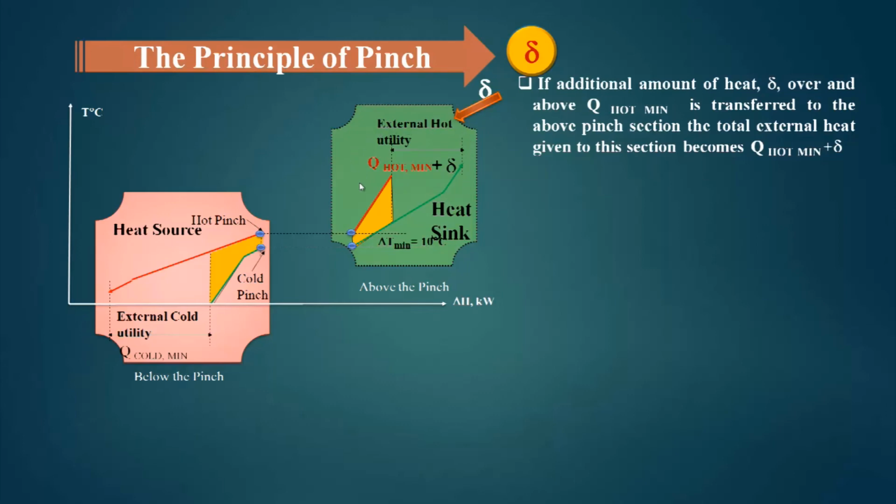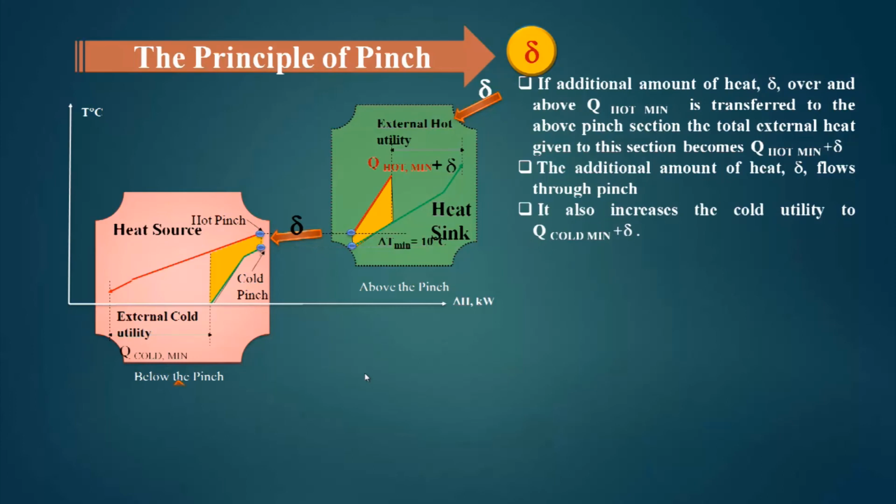Now, when I add more heat to this, which is in thermal balance, this amount of heat delta will pass through this pinch and go to this area. Here, the heat available with the composite hot is in balance with the composite cold and external cold utility. So when this extra heat comes here, it will increase the external cold utility amount.